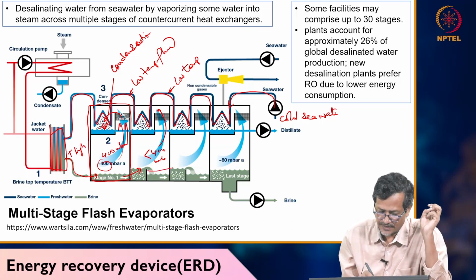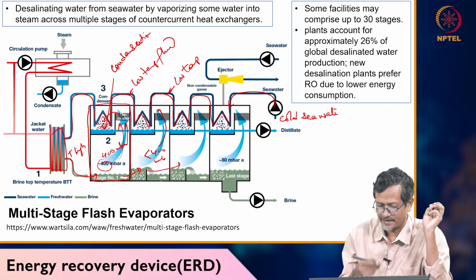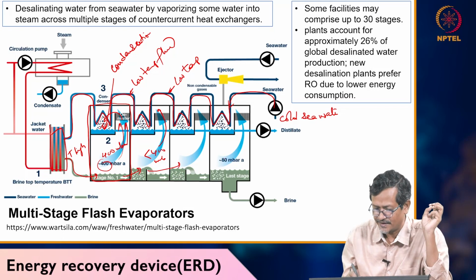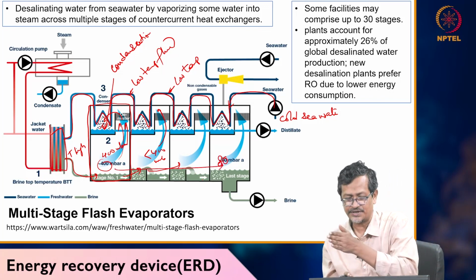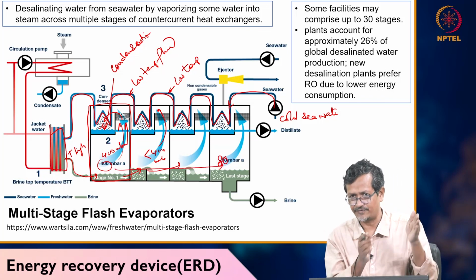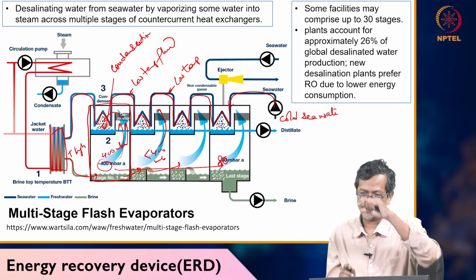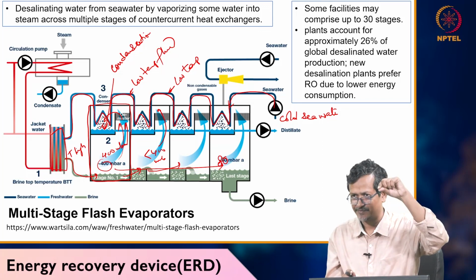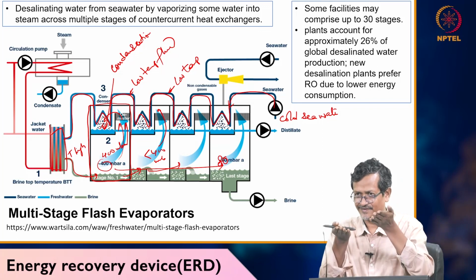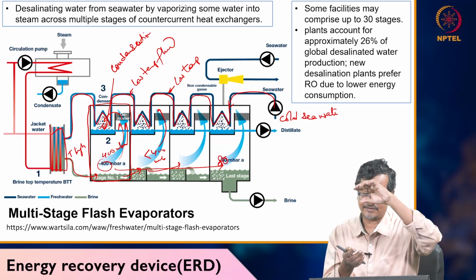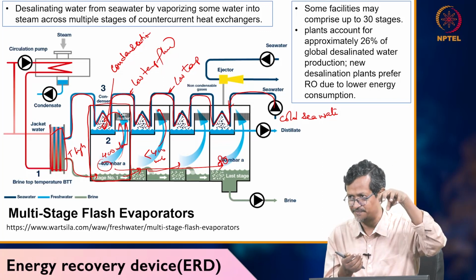Then again this water is going to the next chamber, with pressure going further down, finally to 80 millibar. So, from 400 to 80 millibar, you gradually reduce pressure, and at every step pressure is going down and your cold pipe is there. Because of low pressure, you are getting more vapor, and vapor is condensed by the cold pipe. Okay.